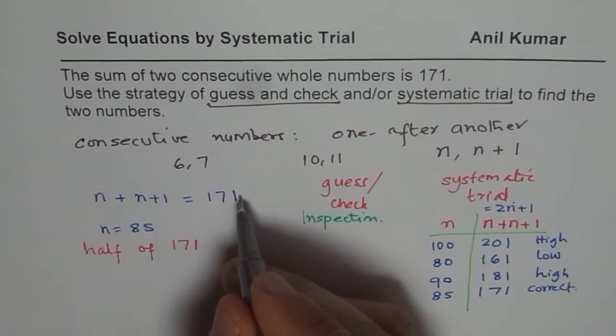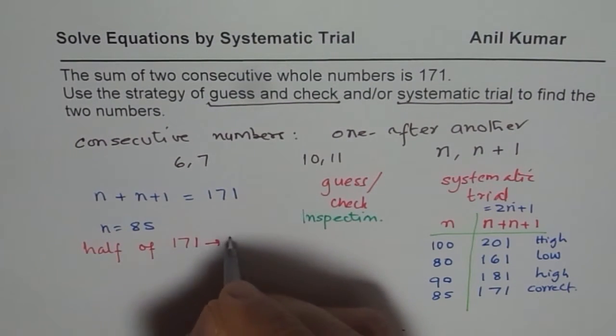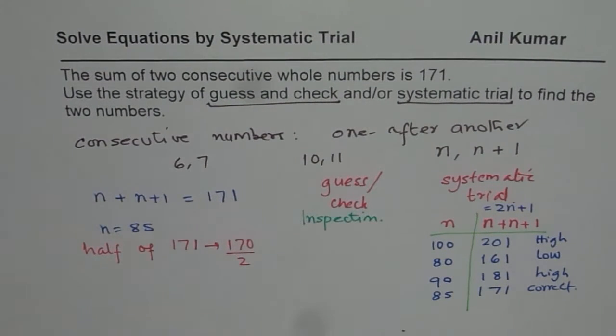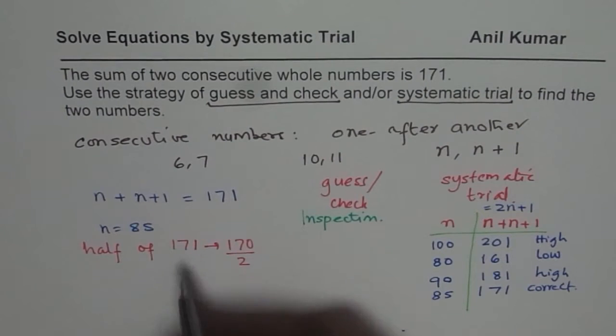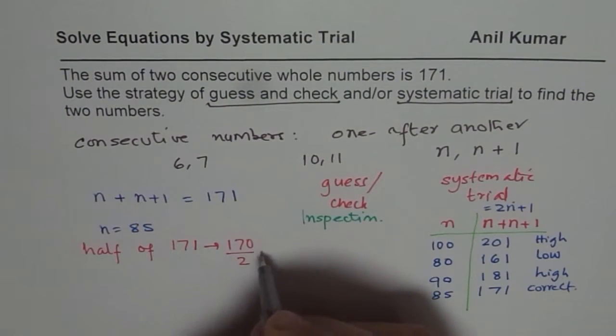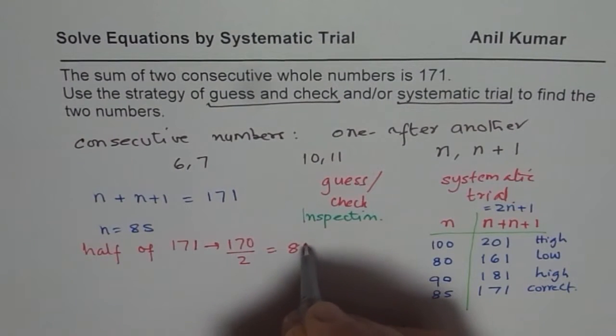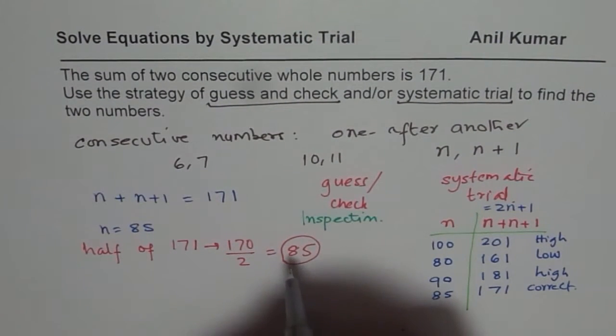Well, 171 we could make kind of 170 divided by 2, since this is an odd number and it will give us decimals. So we can do half of 170, and that gives us 85. So 85 could be a close number.